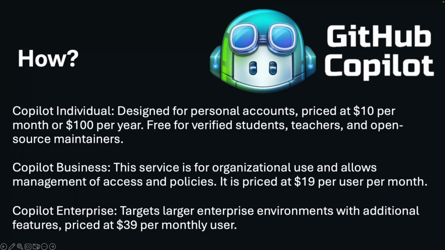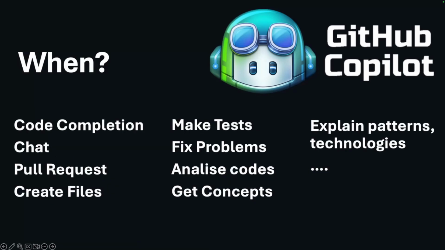If you are also maintaining an open source project, you can have it for free. We have Copilot for Business, where we talk about organizational use, and it has a different price. And we have GitHub Copilot for Enterprise. They have different features. You can just go to the GitHub website and take a look.